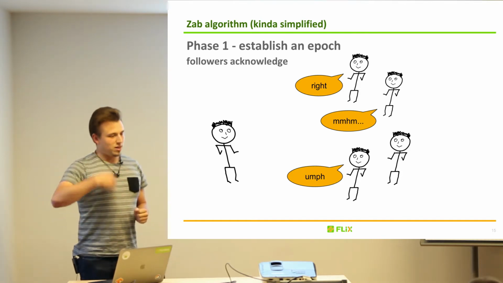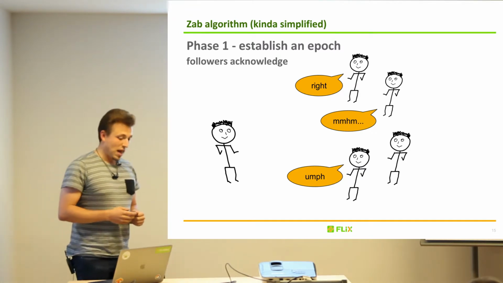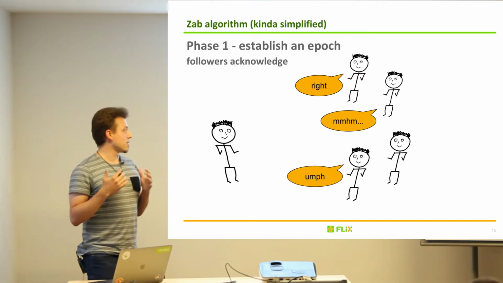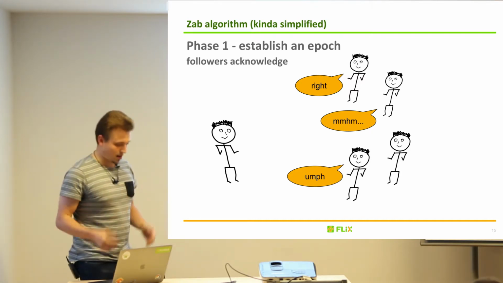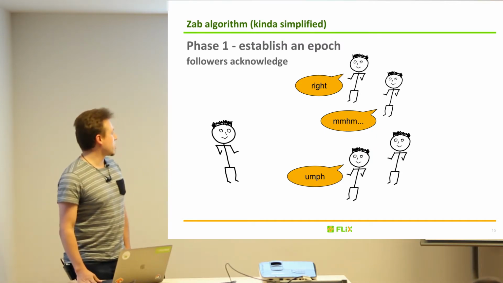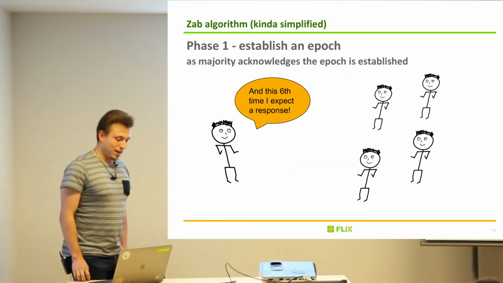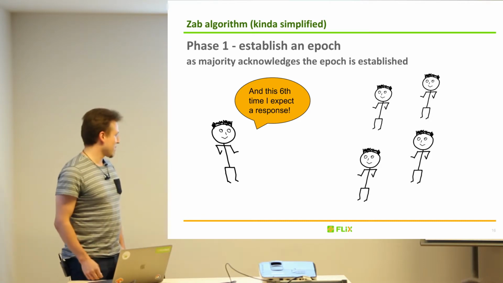So when he steps up as a leader, he's also +1 to acknowledgement. So as he gets the approval of the majority for him to become a leader, he acknowledges that the epoch has started.